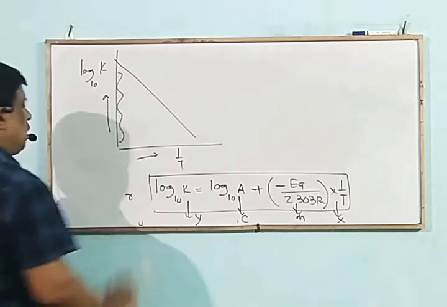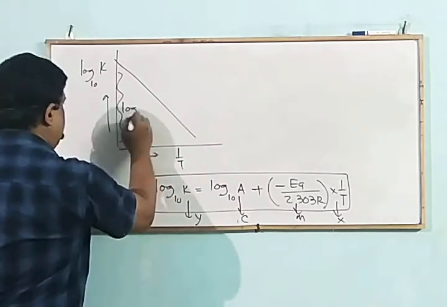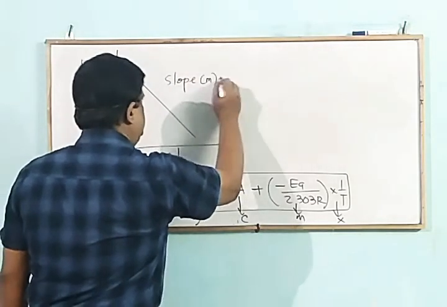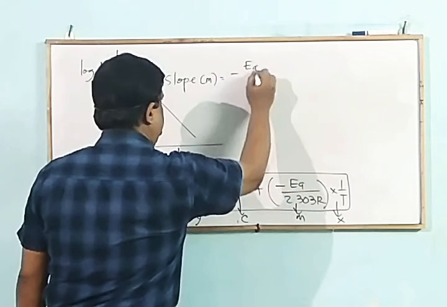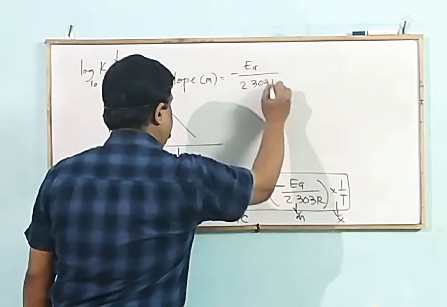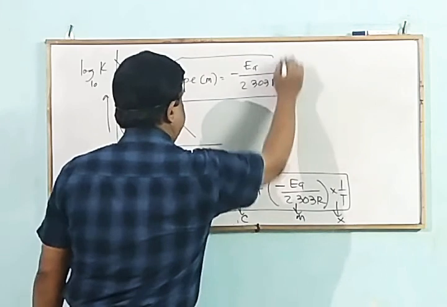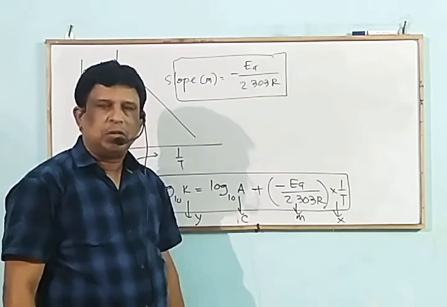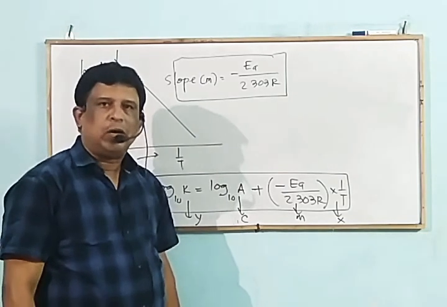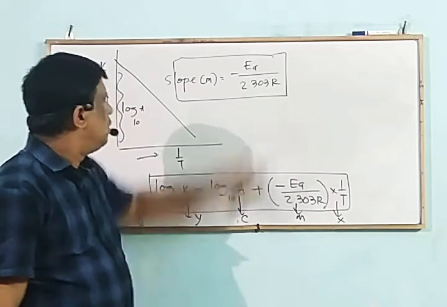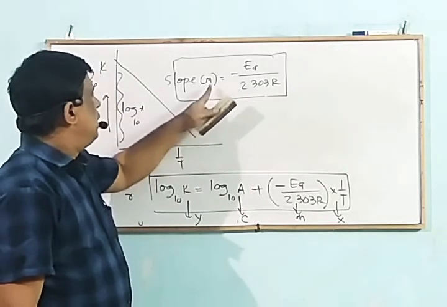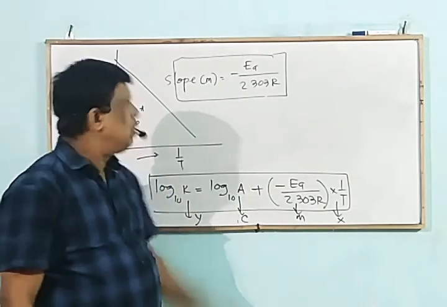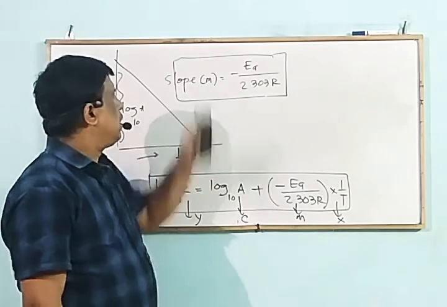This is the y-intercept, that is log A, while the slope m is equal to minus Ea by 2.303 R, where R is the universal gas constant. Its value is 8.314 joule per Kelvin per mole. If this value is given, then from the slope we can calculate the activation energy, or if activation energy is given, then we can calculate the slope.